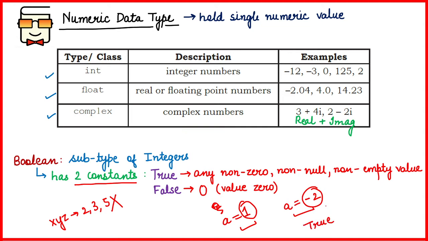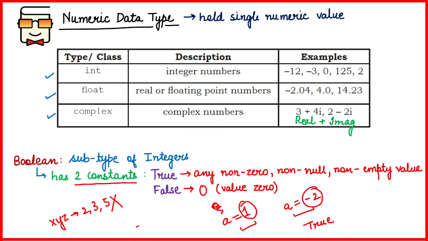So when we say whether a variable has a true value or not, if the variable has a non-zero and non-empty value, that means it contains some kind of value and is not at all empty, then it is known as true.